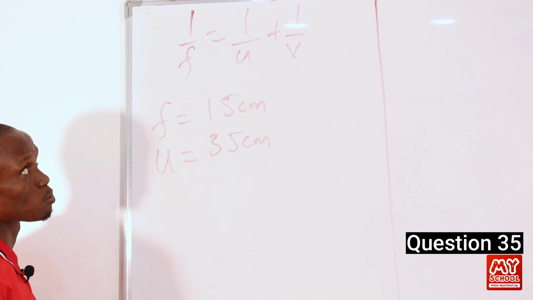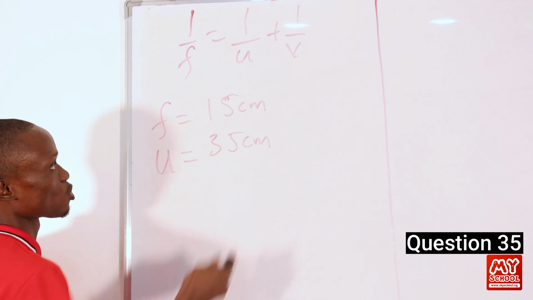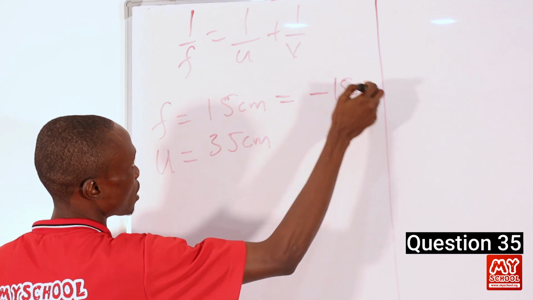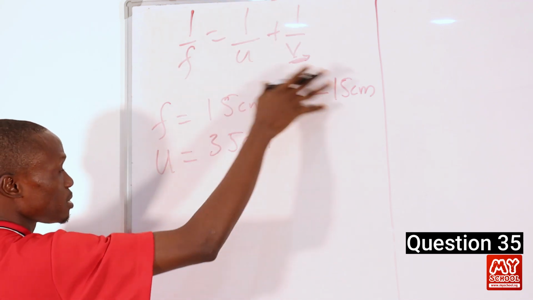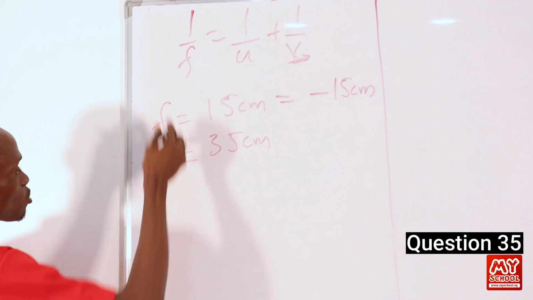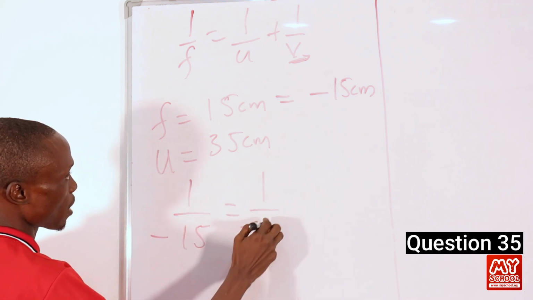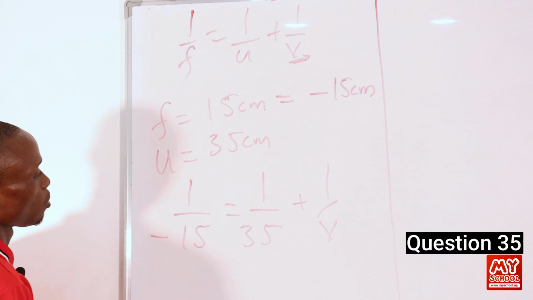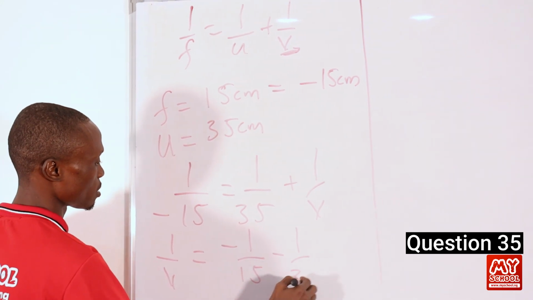One thing we must remember is that the focal length of a convex mirror is negative, so our F is actually minus 15 centimeters, and we are asked to calculate the image distance. We substitute the given data into our formula: 1 over minus 15 is equal to 1 over 35 plus 1 over V. We are calculating for V, so 1 over V is equal to minus 1 over 15 minus 1 over 35.